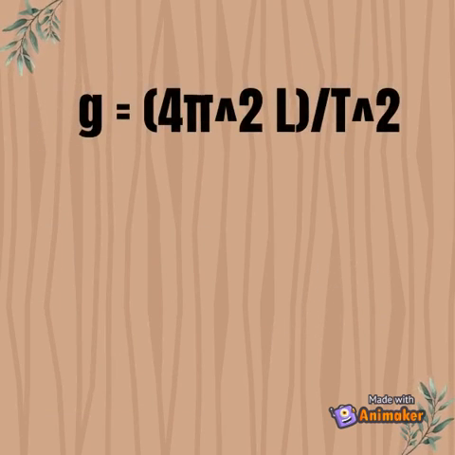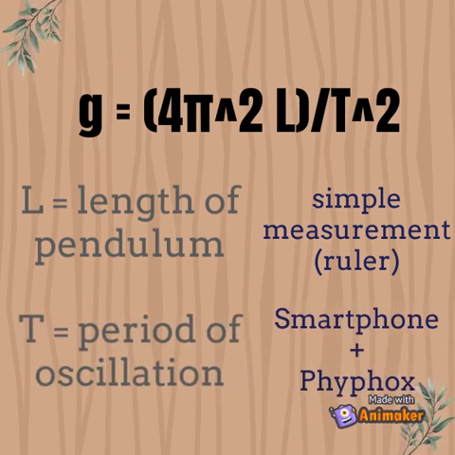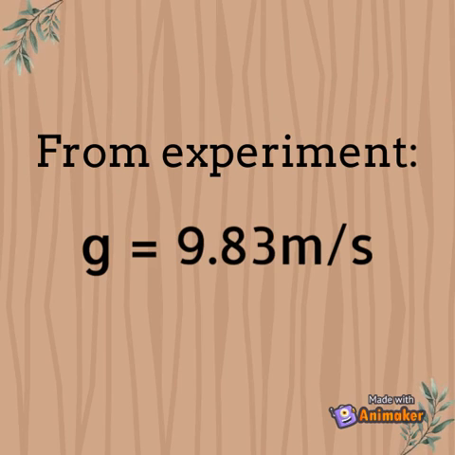After solving some mathematical equations, we can get the gravitational constant given by the equation g equals 4 pi squared L over T squared, where L is the length of the pendulum, which I can directly measure by myself, and for the period of the oscillation, I used the gyro sensor in my smartphone with the help of an app called Phyphox. In my experiment, I obtained the value of the gravitational acceleration as 9.83 meters per second squared.